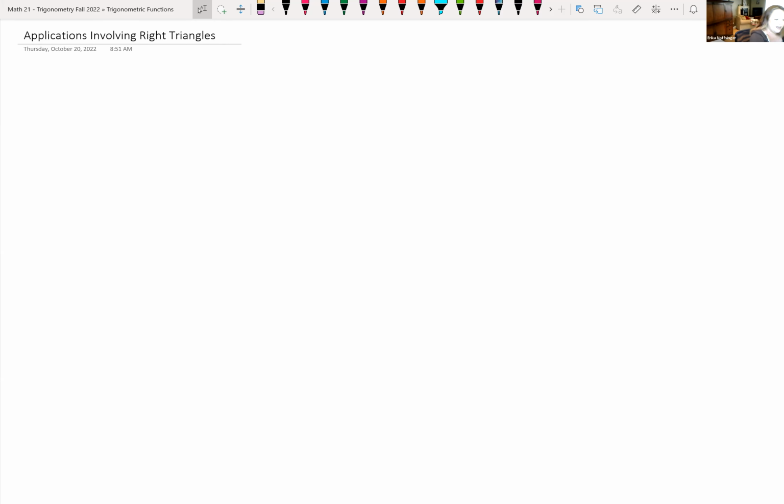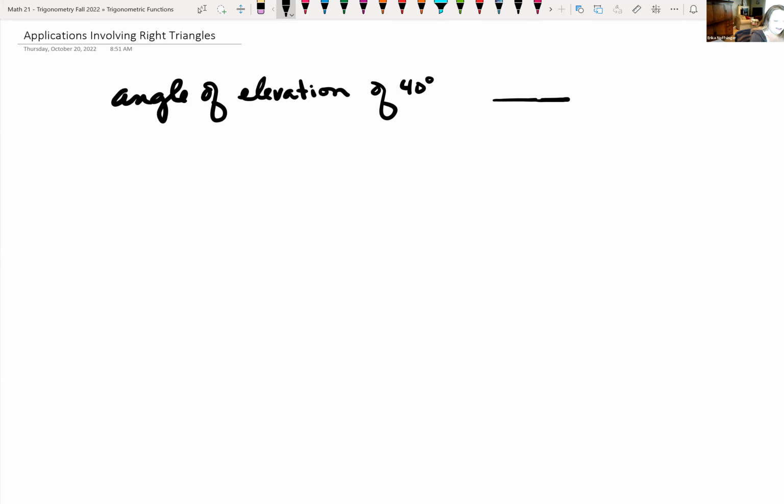If we were looking at the angle of elevation, recall that was looking at the horizontal line and then going up that angle. So if it said the angle of elevation of 40 degrees, I know I'm looking at the horizontal line, so I'm going up 40 degrees.